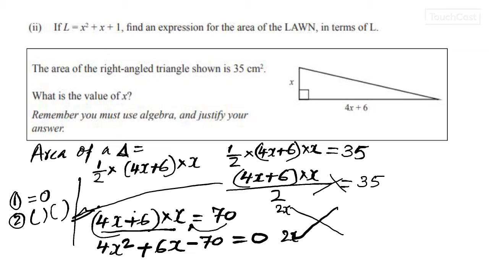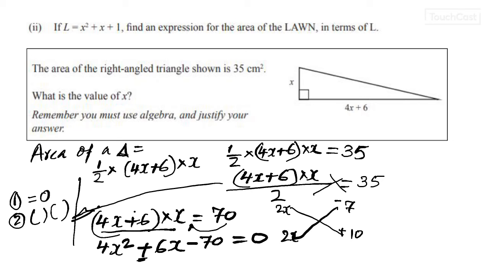If I go for 7 and 10, it's going to work. One of the signs has to be negative. Now you've got to decide which one is going to be negative. Since this is positive, the larger one, which is 10, should be positive, and the other one should be negative.